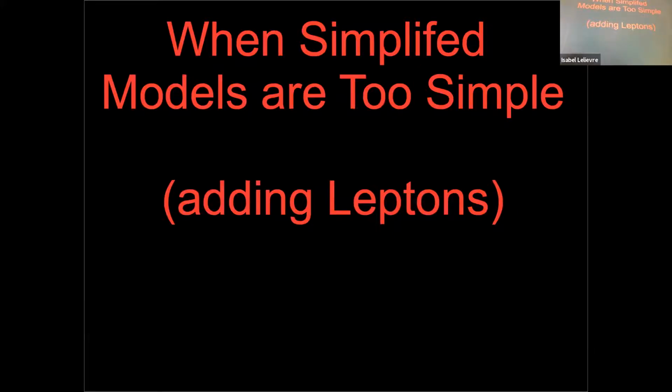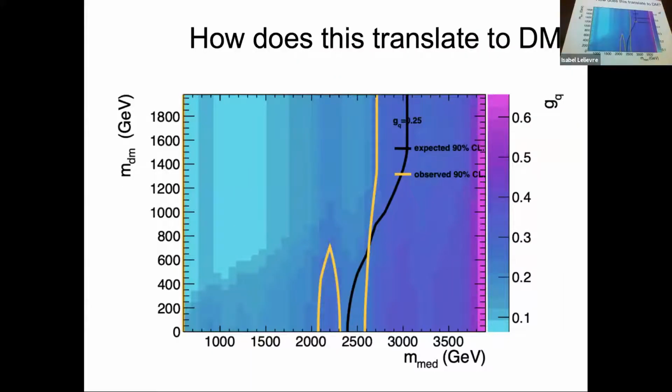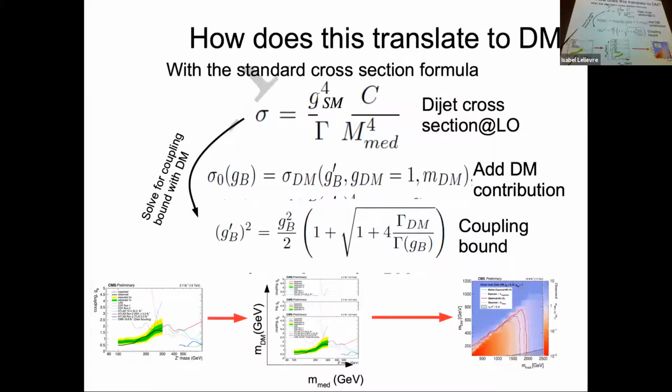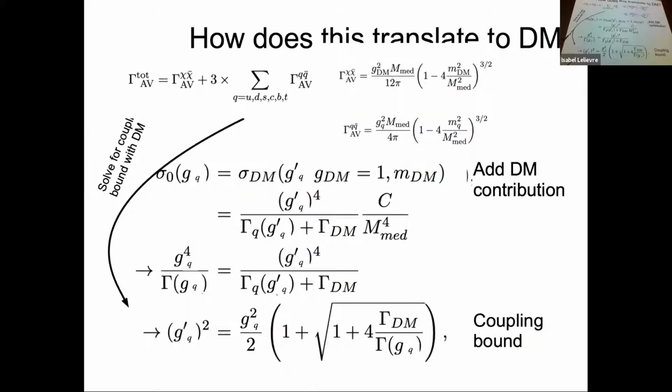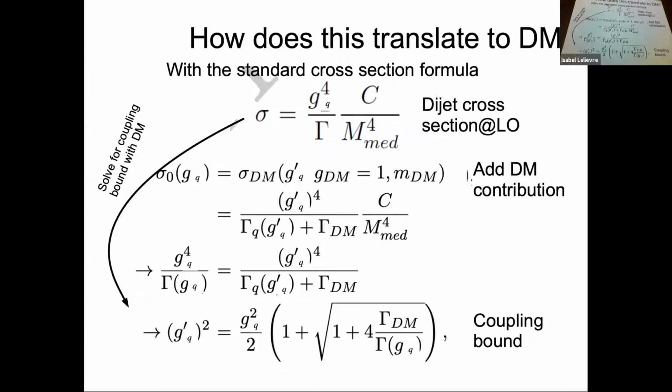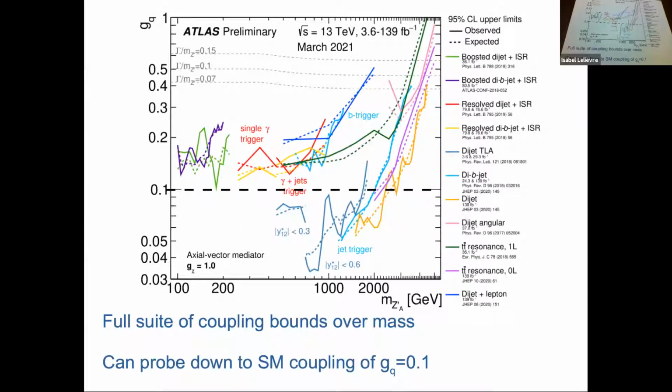Sorry, may I ask something before we continue? Yeah. Could you please go two or three slides back to the plots where you have the width over mass ratio? Okay.